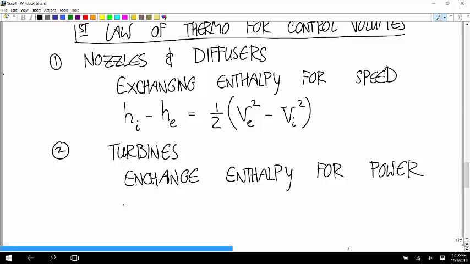And the most simplified form for that says the work of the control volume is equal to the mass flow rate times the quantity specific enthalpy at the inlet minus specific enthalpy at the exit. And for a turbine, do you expect that W dot to be positive or negative?